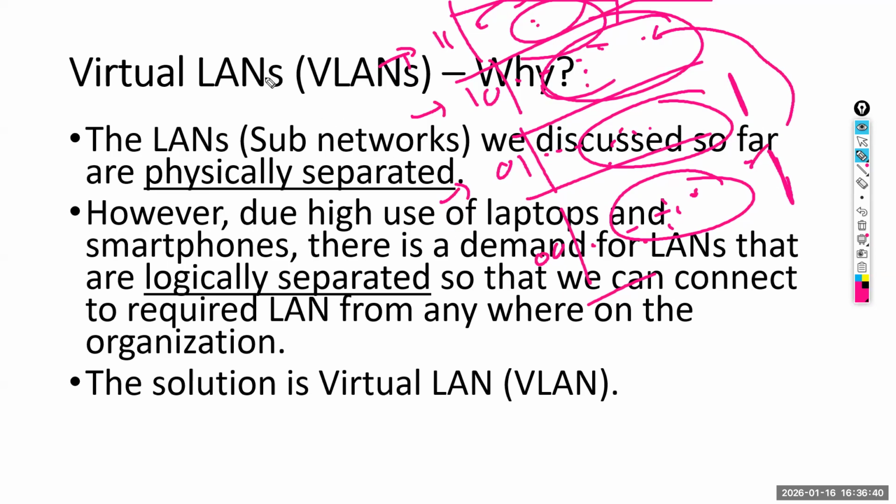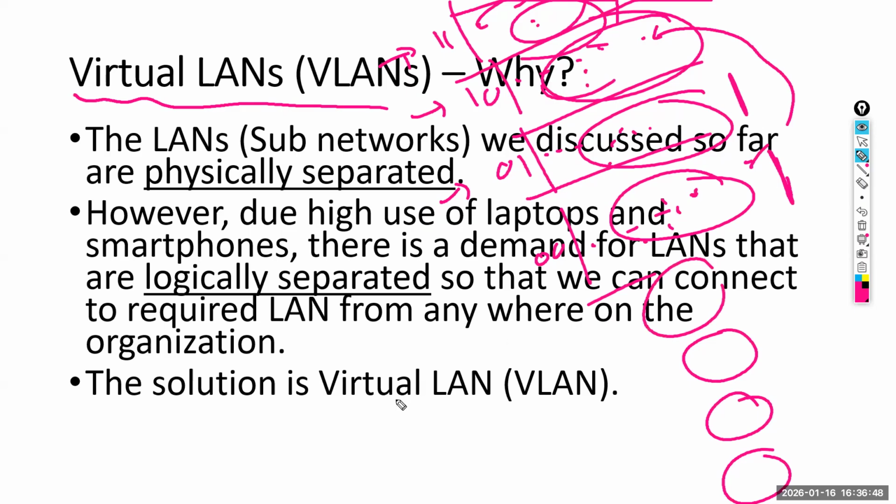So that is where we have a concept called virtual LANs. That means we still have different LANs, but those are not location specific. So when you plug in your laptop, you are connected to, say, finance. Someone from the marketing department connects to the company network wherever, so it must be connected to the marketing department's LAN, regardless of the location.